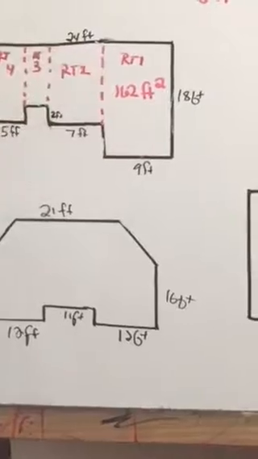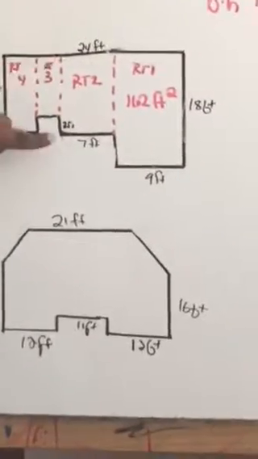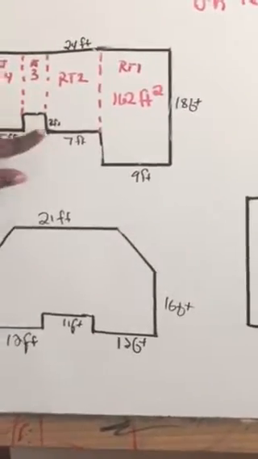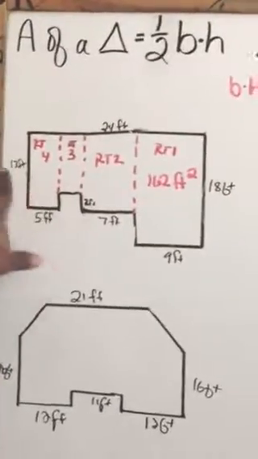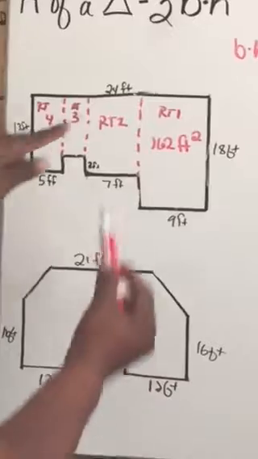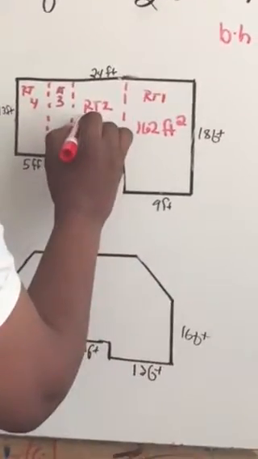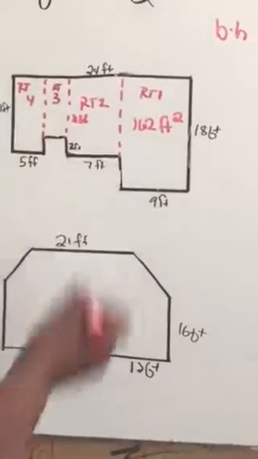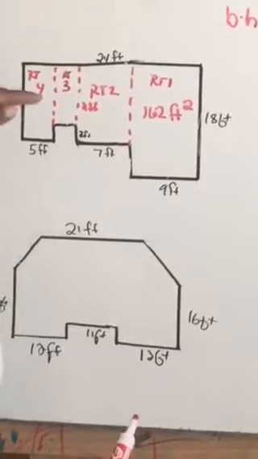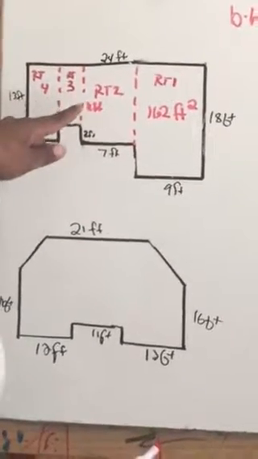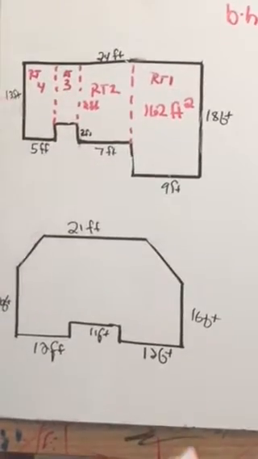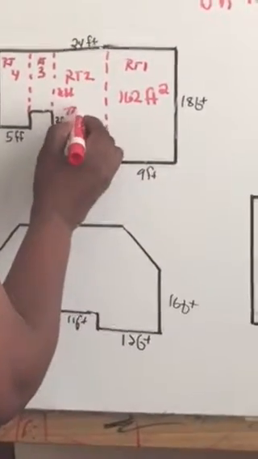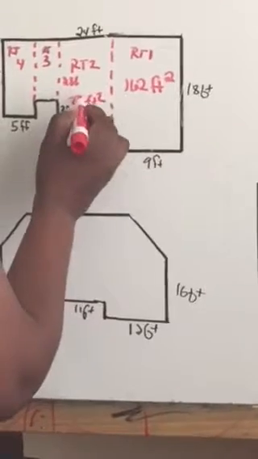You've already been given your measurements, and you know from here to here is 13, and from here to here is 2. So if you take that 2 from the 13, you will have 11 feet. Therefore, you will multiply 11 times 7, which will give you 77 feet square.